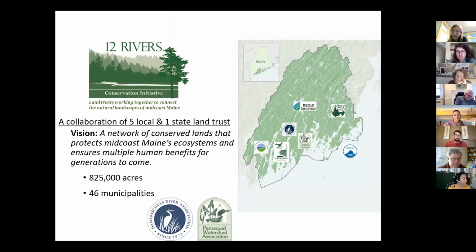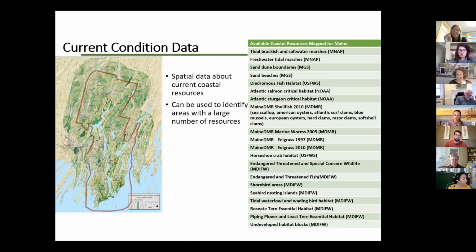They had already gone through a focal area defining exercise and a prioritization using the Nature Conservancy's terrestrial resilience tool, and they were really interested in incorporating a coastal resilience element into this work. So you get the sense it's about an 800,000 acre landscape geography with many, many partners involved.